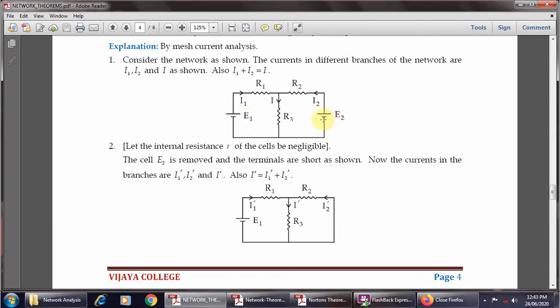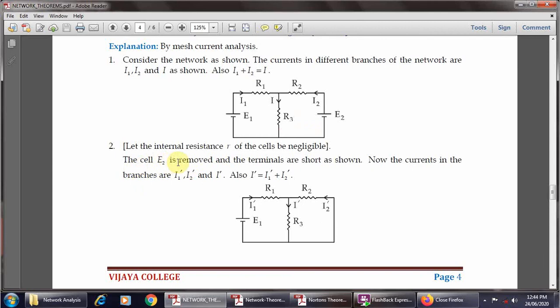In the remaining case, you consider E1 and then remove E2. Here is the condition: if another voltage source is given, it acts as a short circuit. If a current source is given, it acts as an open circuit. Internal resistance should be negligible. This is the condition in the case of the superposition theorem.